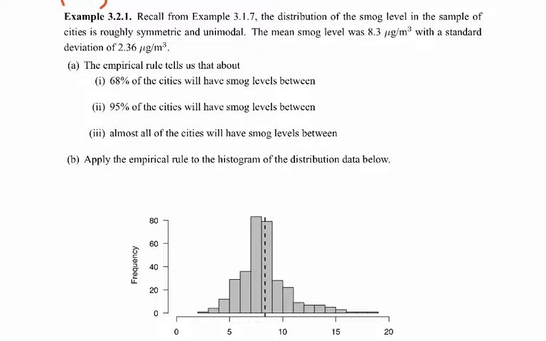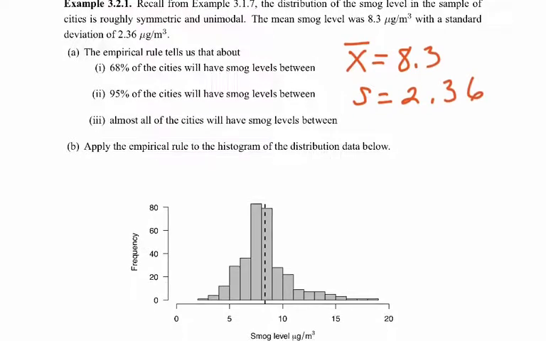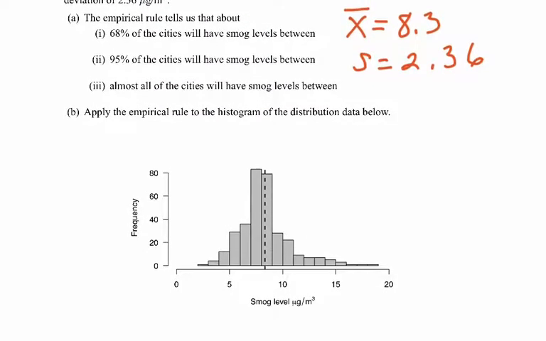So I'm going to write down a couple of notations. In a sample, remember we use x bar to represent the mean, and that's 8.3. And for the standard deviation, remember in a sample we use a lowercase s, and that's 2.36.